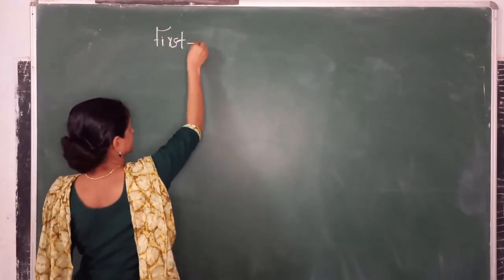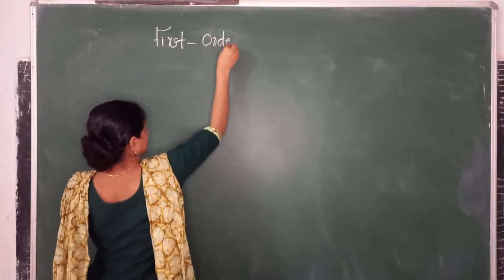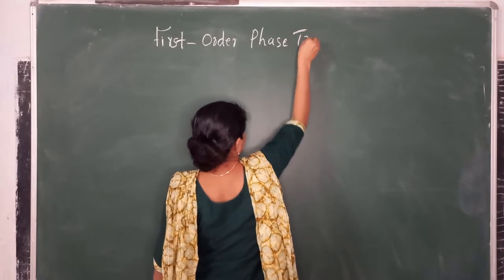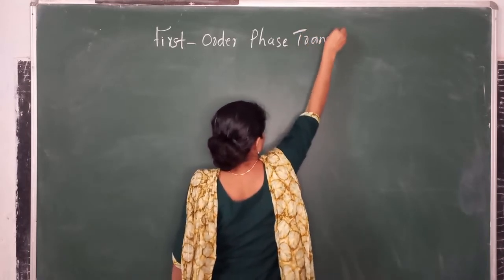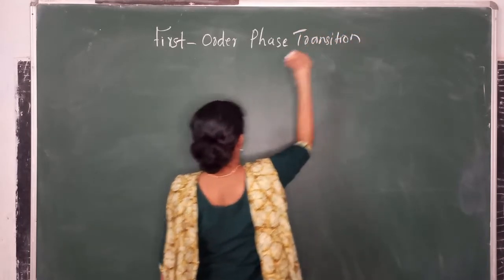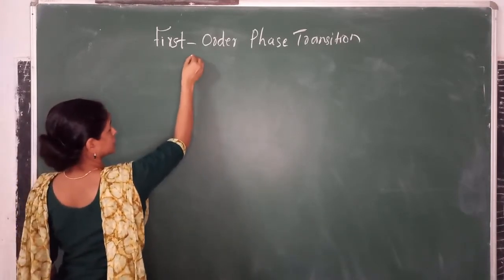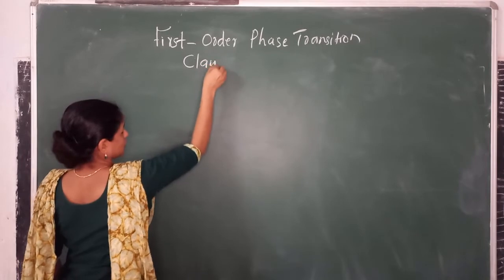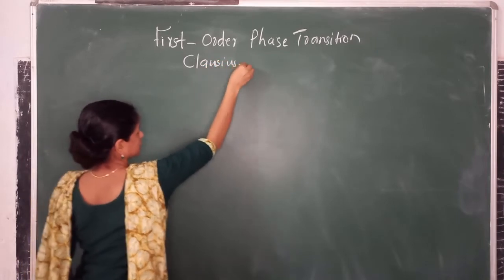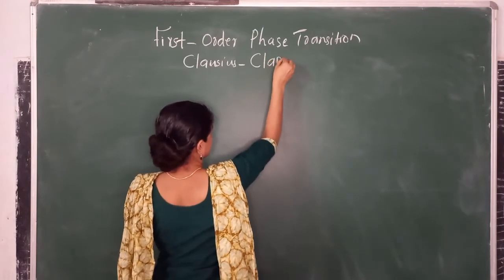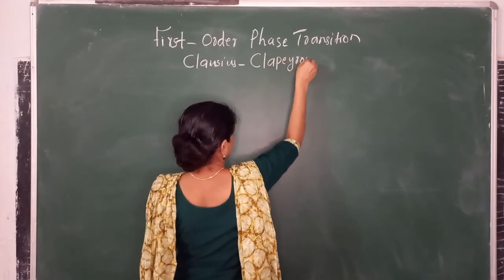For first order phase transitions, we can derive the Clausius-Clapeyron equation.